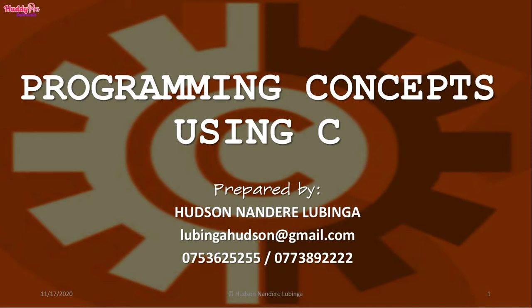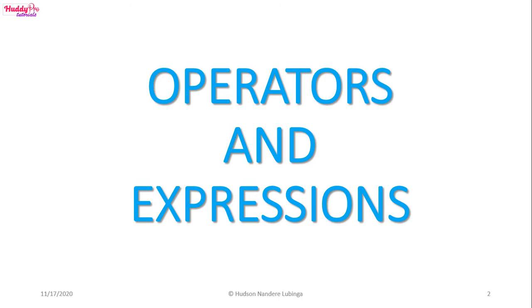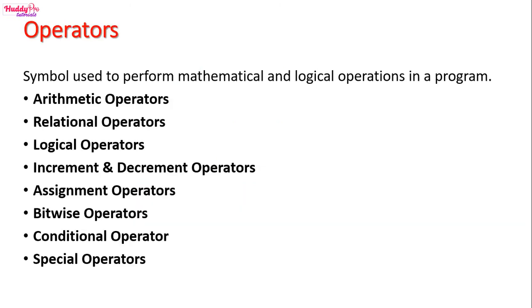Today, we're going to look at operators and expressions. What's an operator? An operator is a symbol used to perform mathematical and logical operations in a program. It tells the compiler to perform mathematical or logical operations.